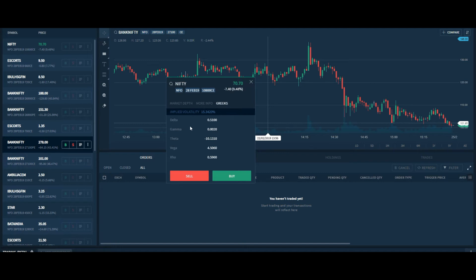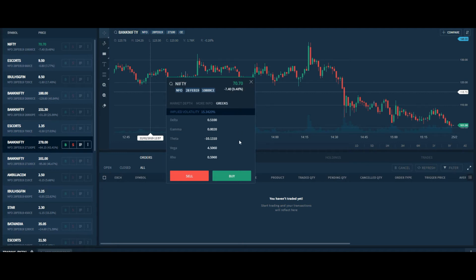So here we are saying if the Nifty runs 8 points more and reaches 10,800, and our delta is 0.51, then this option, which is currently traded at 70.70, will be at 74.70.